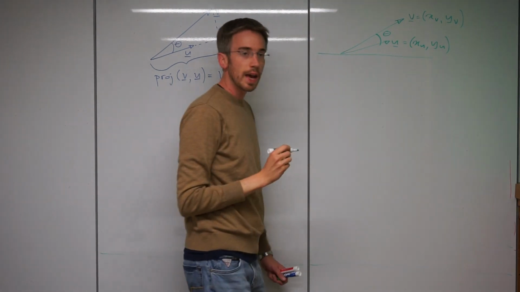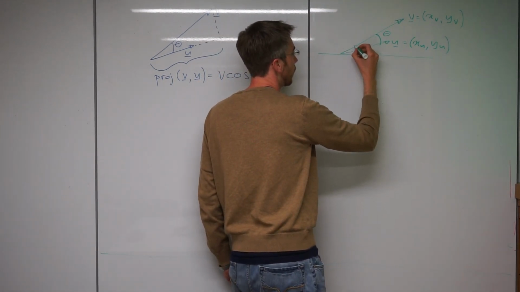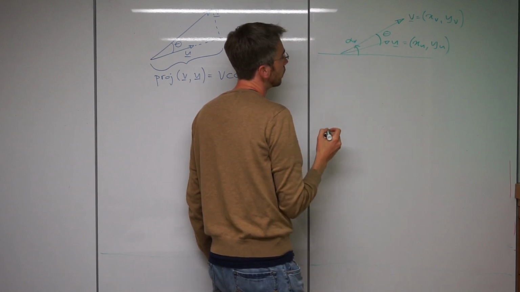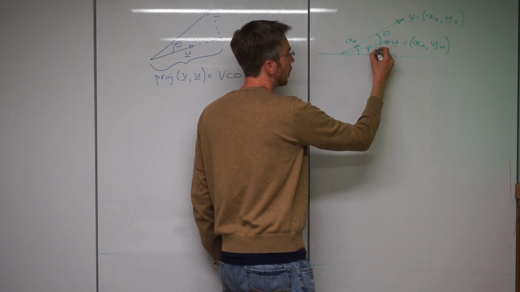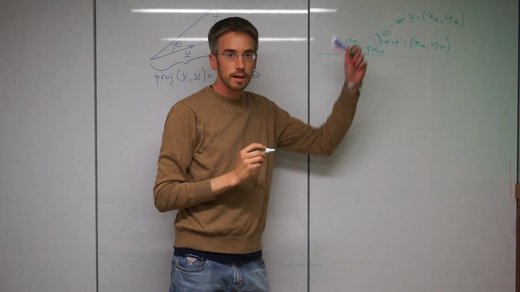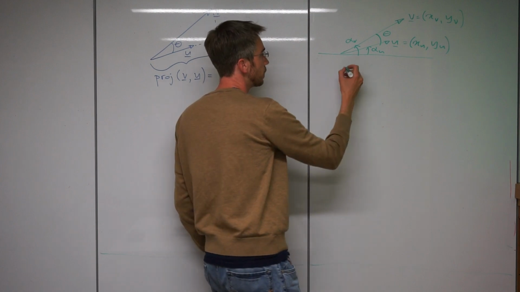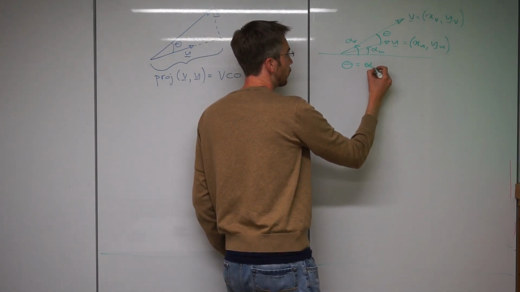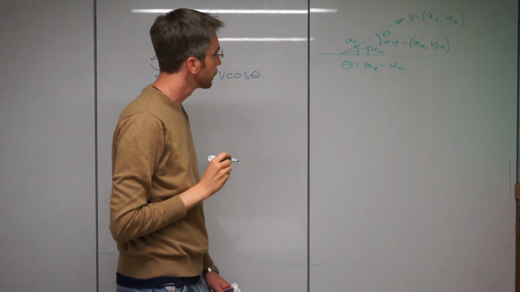But with respect to the x-axis, we can also say that vector v lies at an angle of alpha v, and vector u lies at an angle of alpha u. And that immediately gives us a relationship between theta and the two alphas. So we see that the angle theta is alpha v minus alpha u.